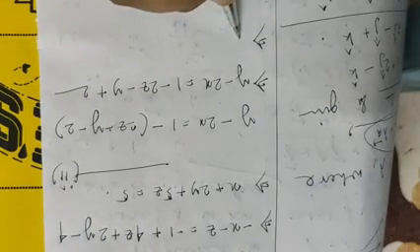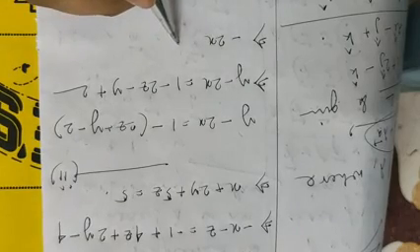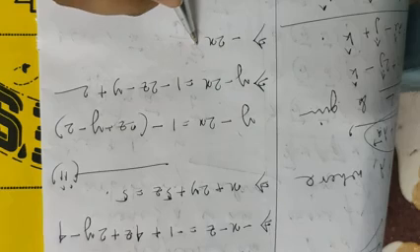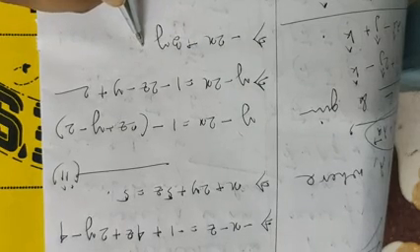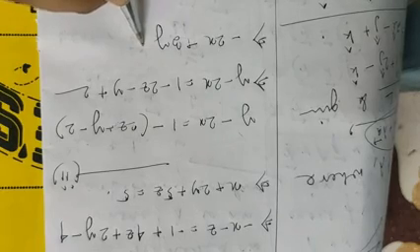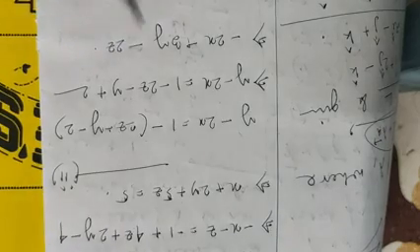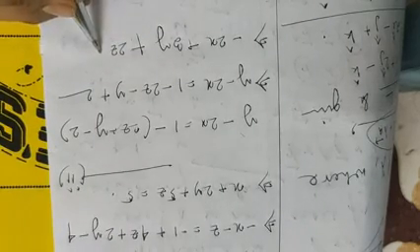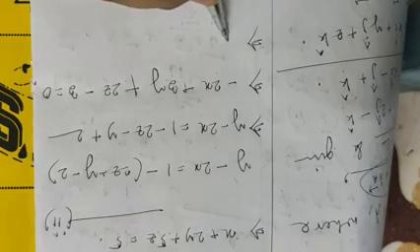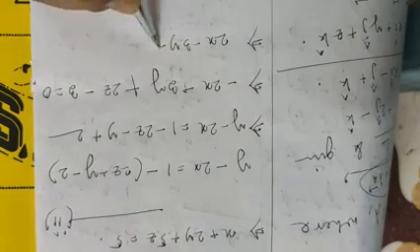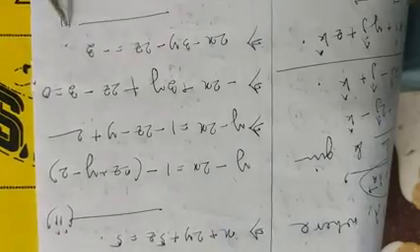So it will become minus 2x plus 2y plus 2z minus 3 equals 0. That is ultimately 2x minus 2y minus 2z equals minus 3. Putting it as equation number 3.